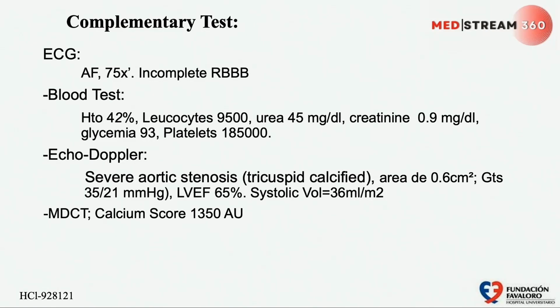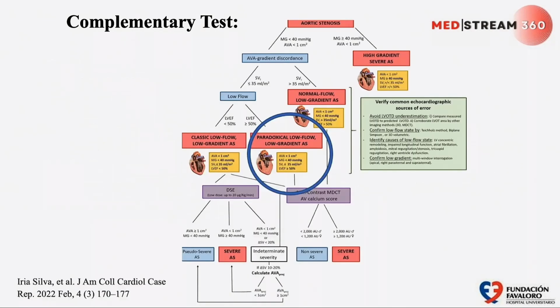In the echo Doppler done in another hospital, they observed a tricuspid valve with severe aortic stenosis with a small area of 0.6, with low gradients, 35 and 21, with a normal left ventricular ejection fraction with a systolic volume of 36, with a calcium score of 1300, as you observe there in the next slide.